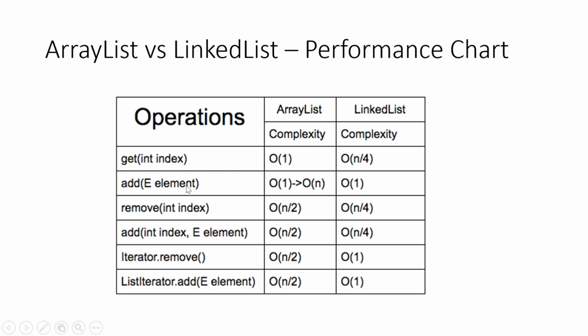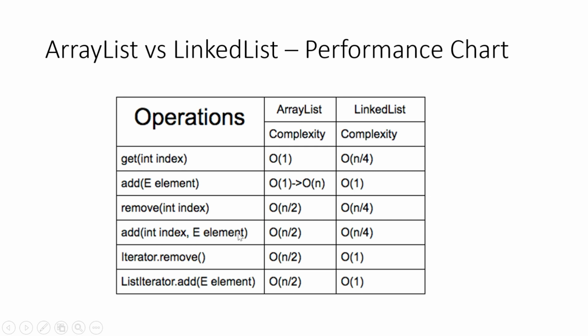For adding an element for ArrayList, it is O of 1 to big O of n. Now here it is always big O of 1. That means the LinkedList add operation is faster. For the remove operation, ArrayList complexity is big O of n by 2, whereas LinkedList is big O of n by 4. So LinkedList remove is faster.